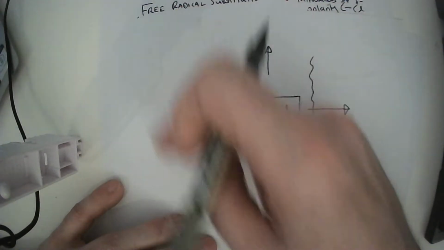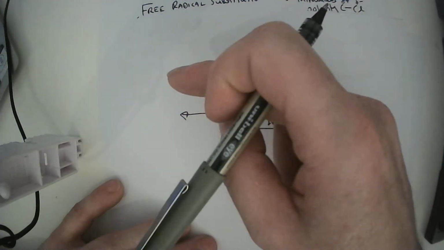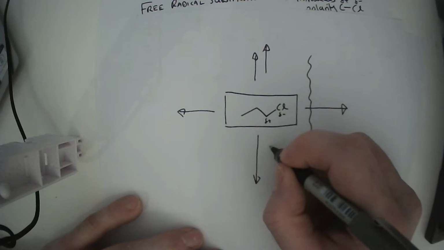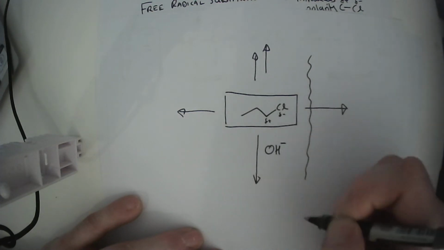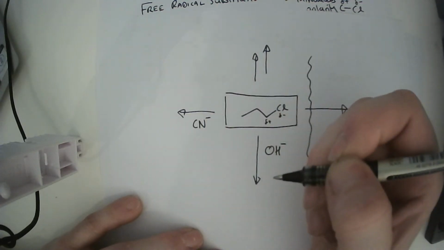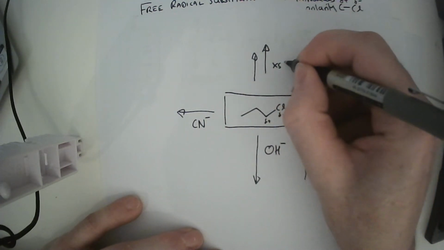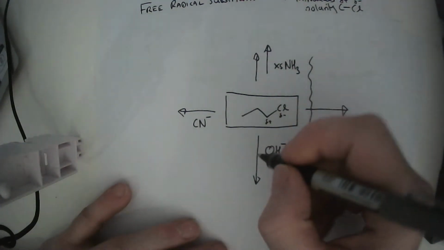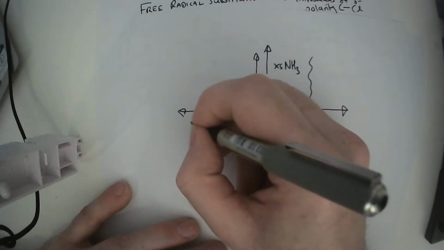Everything on this side is of a certain class of reaction. I'm going to write down the reactants for you. OH minus, CN minus, excess NH3, excess ammonia. Each of these little reactants has got a little lone pair on.